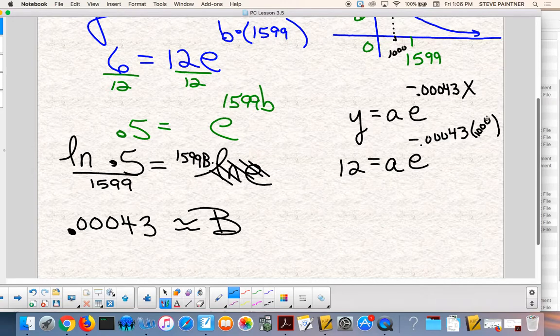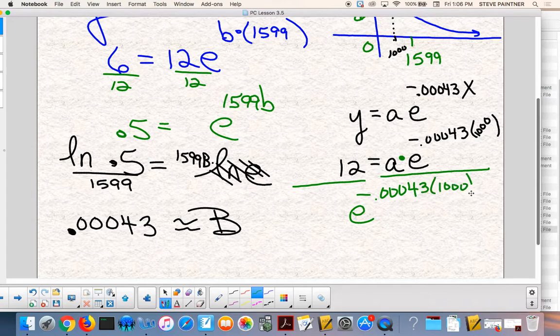And you're solving for what? A. Well, there's A times this number. This is just a number. So divide the whole thing by e to the negative 0.00043 times 1,000. A is what?